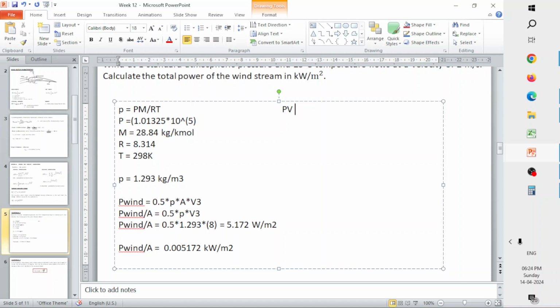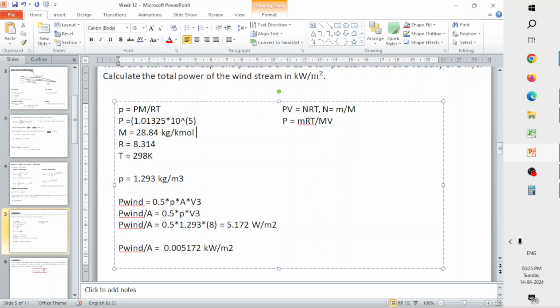So PV is equal to nRT from the ideal gas law, and n is nothing but mass by molar mass. If you take the volume from your right hand side to the left hand side, it will be P equals m RT by capital M times V. So m by V is nothing but density.